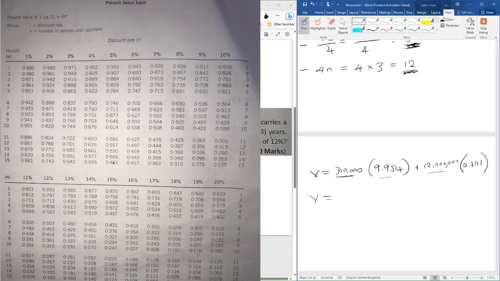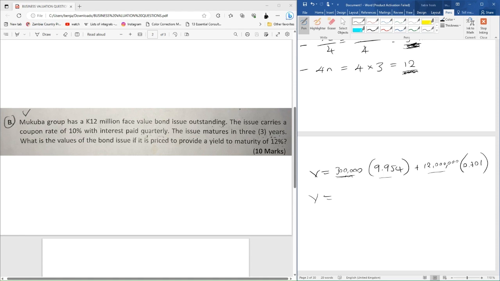So it's going to be 300,000 times 9.954. That will give us what? 2,986,200, plus 12 million multiplied by 0.701.